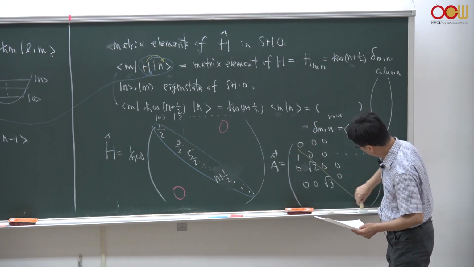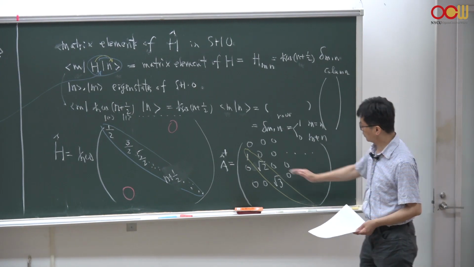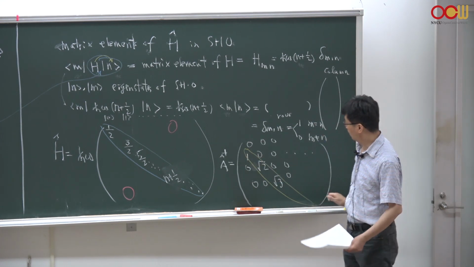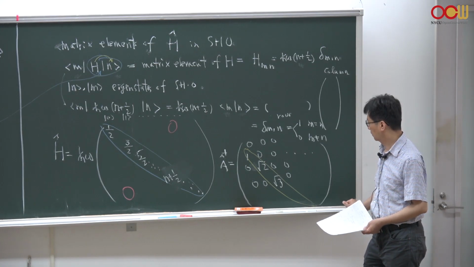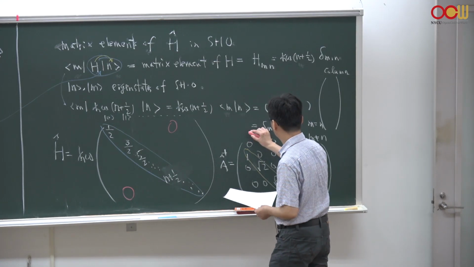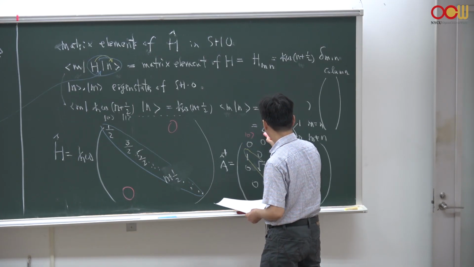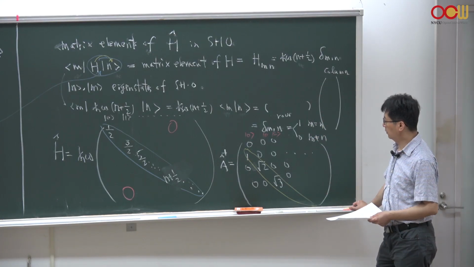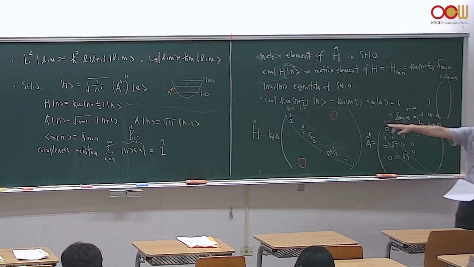Remember, the finite matrix element appears only along this direction marked by yellow, which is just a shift of the diagonal elements by, say, one matrix element. And remember this, so we will see that in just a moment. Okay, so this represents the ground state, first excited state, second excited state, and so on and so forth. You could very easily see this kind of matrix elements from this relation right there.